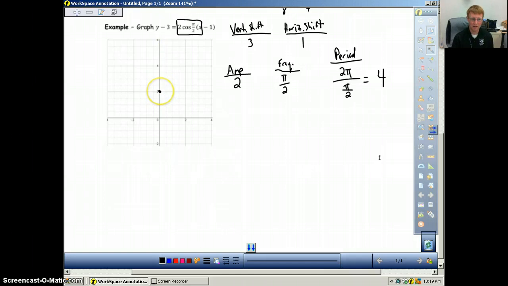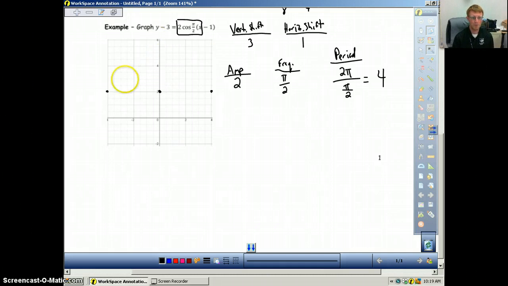Because I'm starting at 2 and the period is 4, I know that wherever I start, if I go a period of 4, I'm going to be in the exact same spot. If I go another period of 4 the opposite way, I'm going to be in the exact same spot. Now here's the best thing about cosine and sine functions: they are perfectly symmetrical.